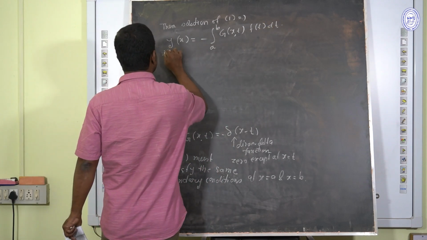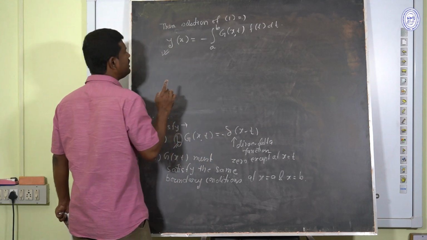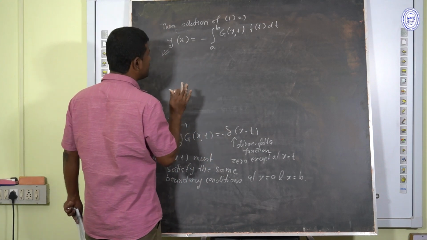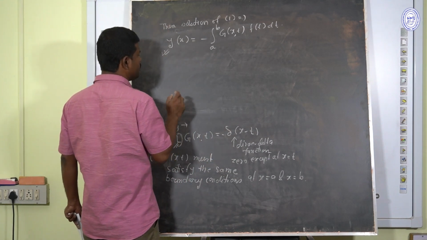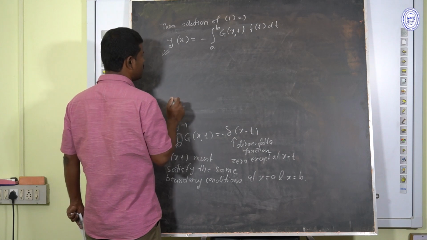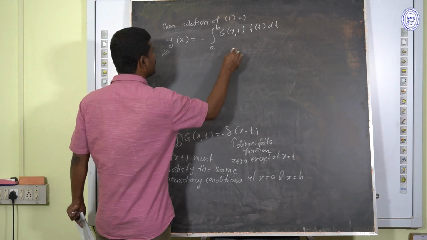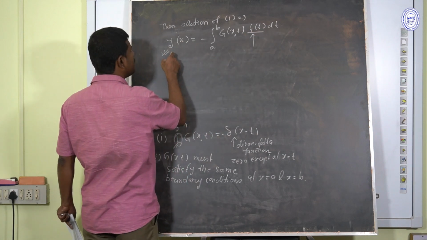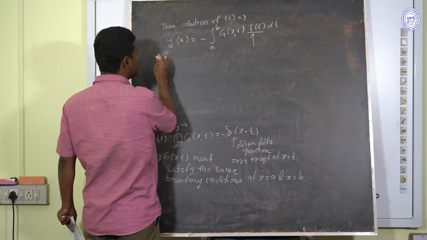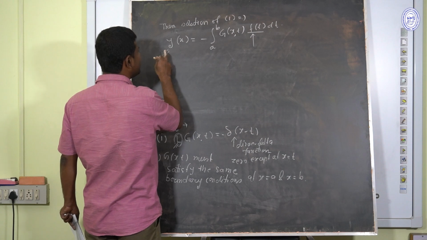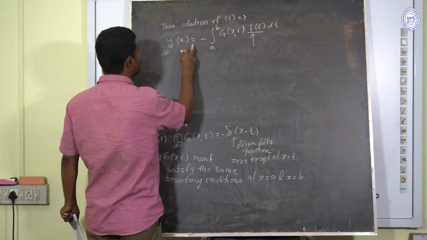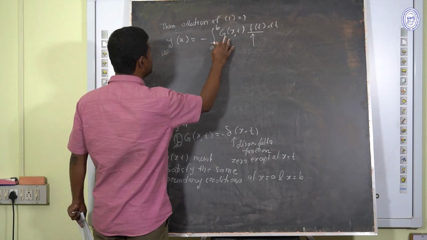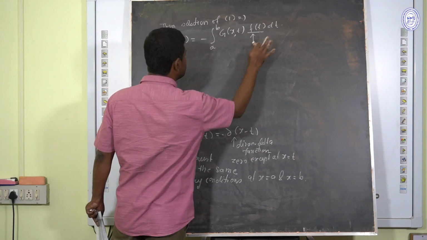This is the beauty of the Green's function, because if we can find a Green's function G of x comma t for a given differential equation and a given boundary condition, then with the known function f of t, we can find the solution of the non-homogeneous differential equation in this form: y of x equal to minus integral from a to b of G of x comma t f of t dt.